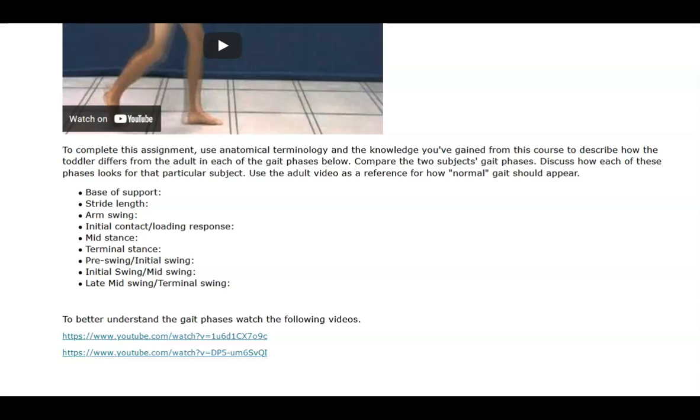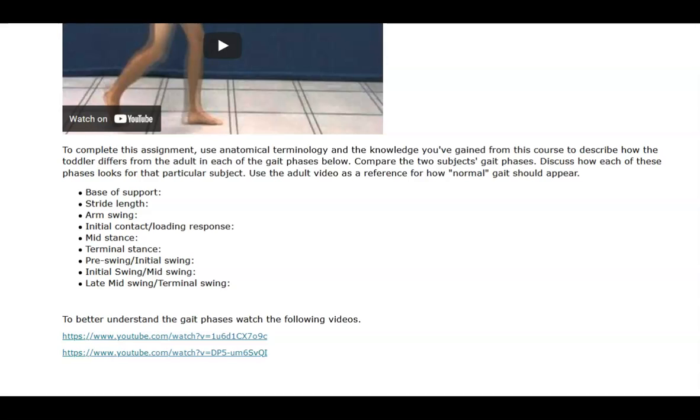You may do this paper in one of two ways. You may look at all of these phases of gait for the toddler and talk about that, and then look at all the phases of gait for the adult and talk about that, and how they're different. Or you can look at, like, base of support: what's the toddler, what's the adult?